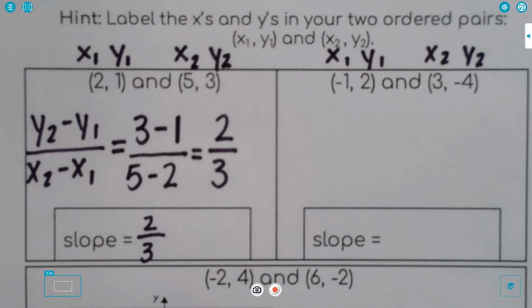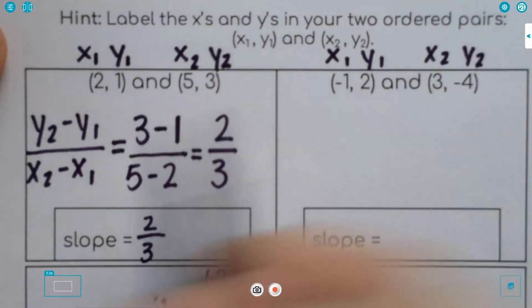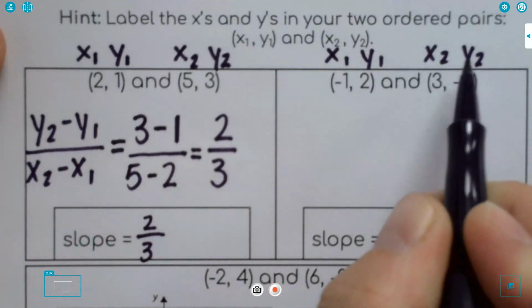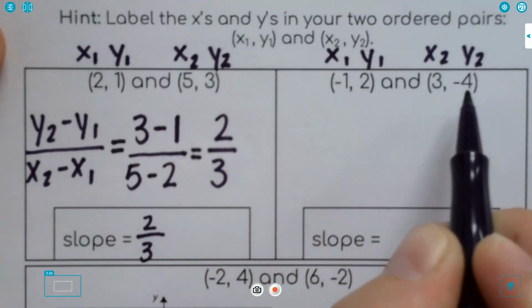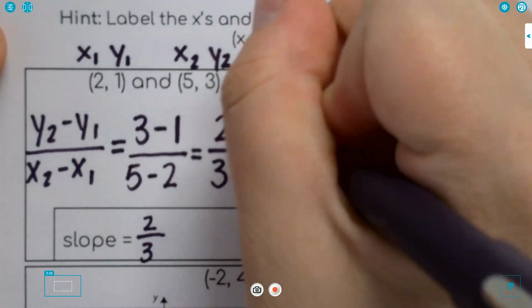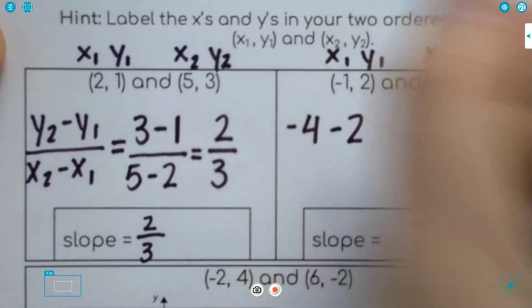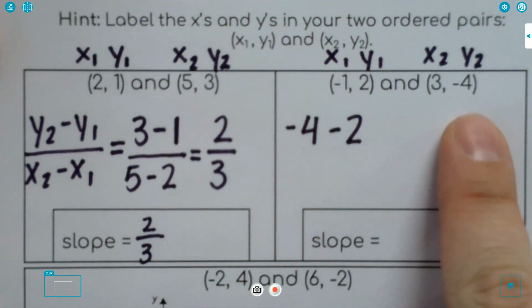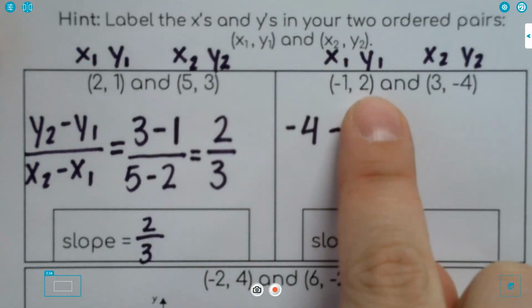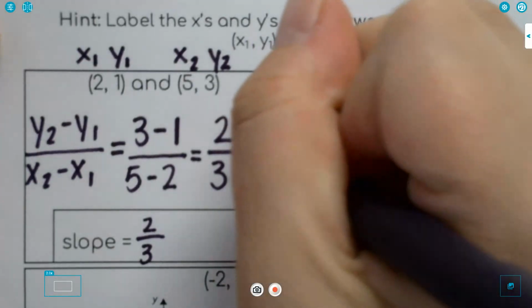Okay, so y2 minus y1, I've got my formula here, I'm not going to write it again. y2 minus y1 would be negative 4 minus 2. So my y2 is negative 4, and then it's always minus in my formula, so it's minus 2.